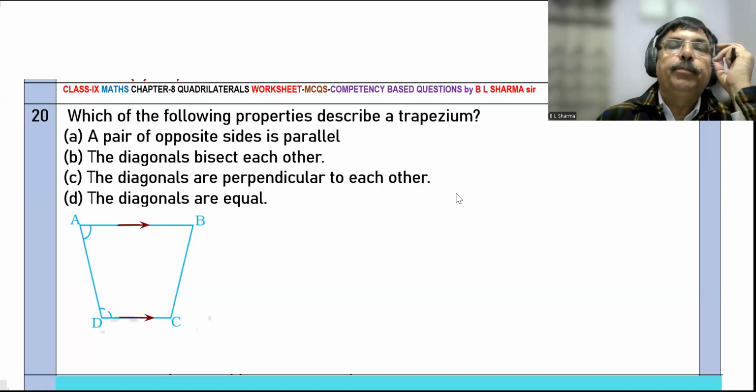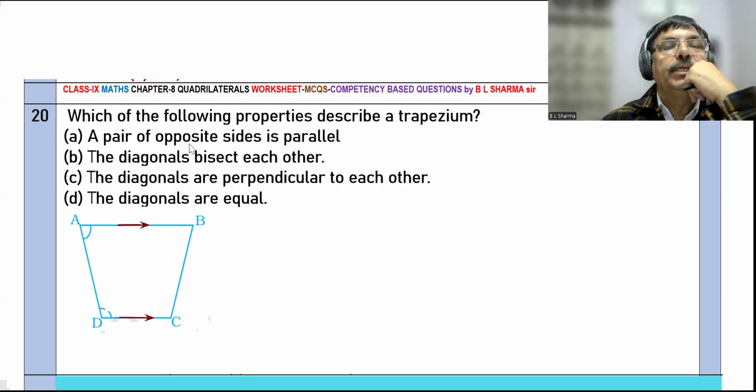Which of the following is a property of a trapezium? A pair of opposite sides is parallel. Very much correct. In a trapezium, one pair of opposite sides is parallel. That is correct. The diagonals bisect each other. No, diagonals bisect each other in a parallelogram, so this is not correct.